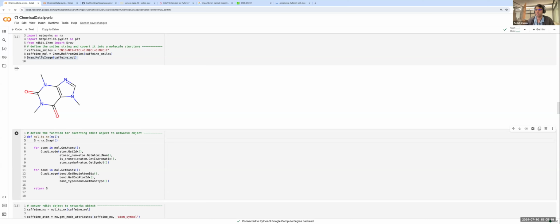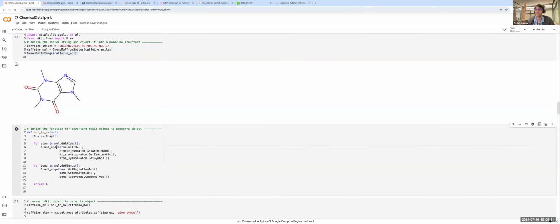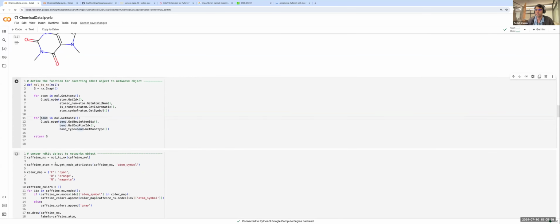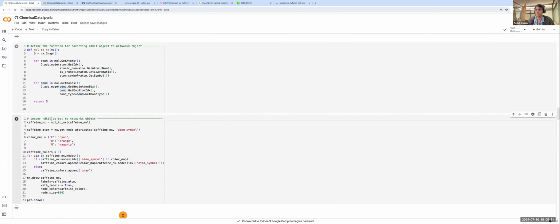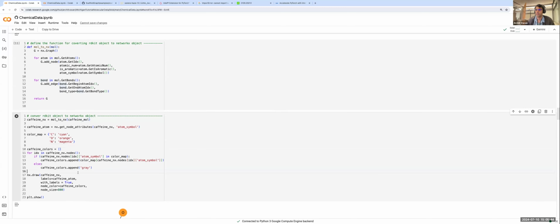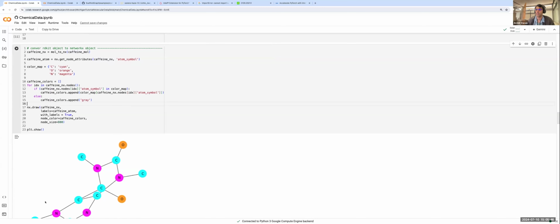So you can generate this graph structure, add nodes to it, and also add bonds into that graph structure. Then you can use this function to generate the graph from the molecular structure for this caffeine, and you can see it ends up looking something like this.